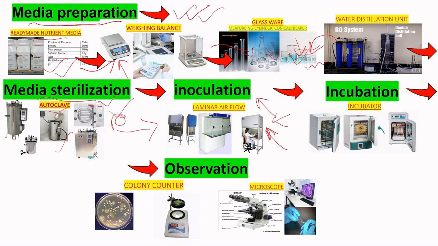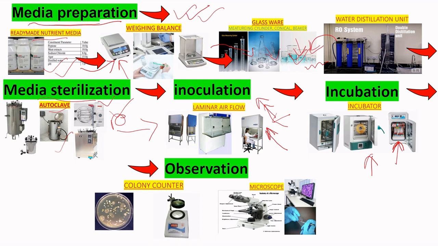After sterilization we inoculate our microorganisms in the inoculation step, and then we incubate our inoculated media in the incubator. In the incubator, a particular temperature and particular time is maintained for incubation of the microorganisms.